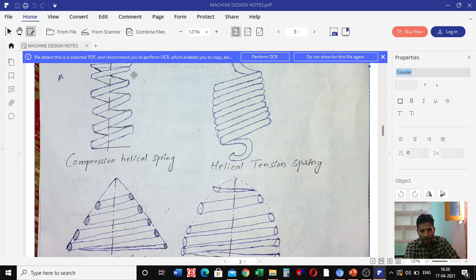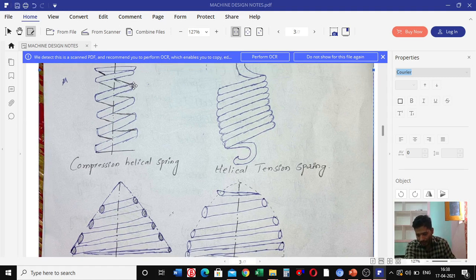The distance between the two consecutive points, the turn, the helix angle is more than 10 degrees. Is it right? So these springs are used to resist the compression.